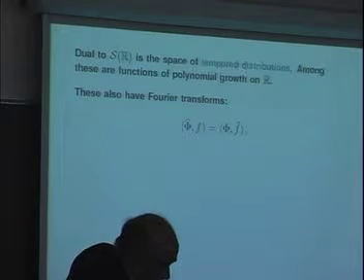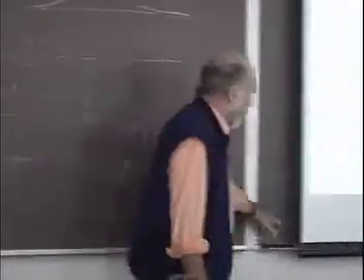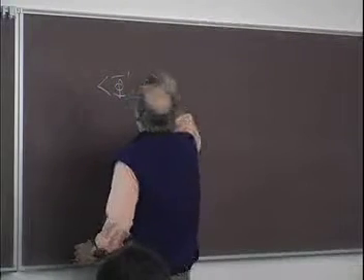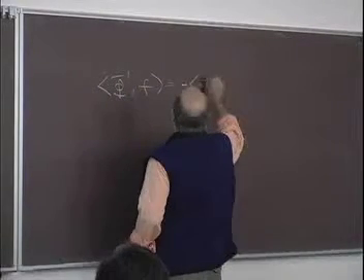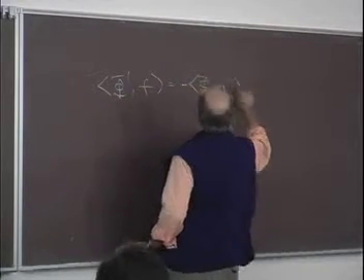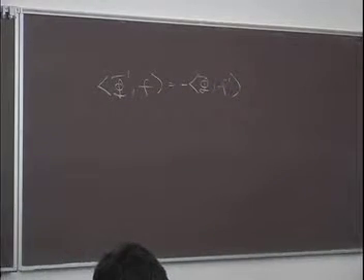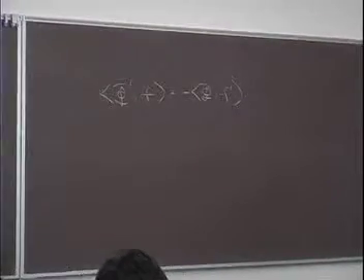And again, I can define the derivative. I didn't say that; the notes are a little bit incomplete. Again, I can apply the same formula as before. I can define the derivative of a distribution exactly as I did before: phi prime of f is equal to minus phi of f prime. And again, by integration by parts, this agrees with the usual definition of the derivative of a smooth function.